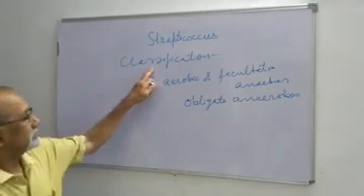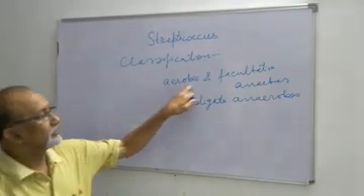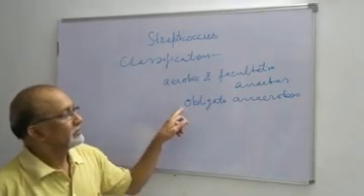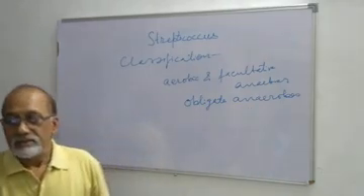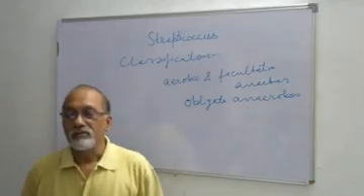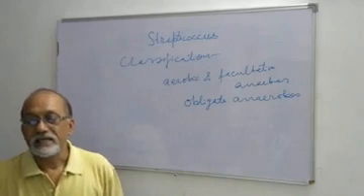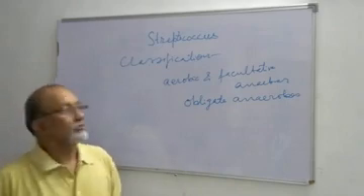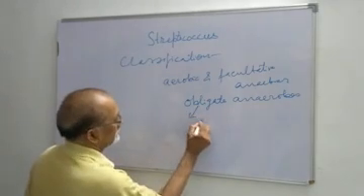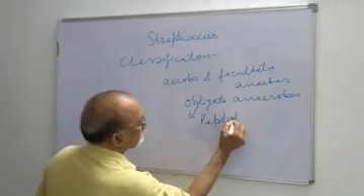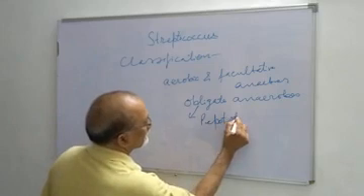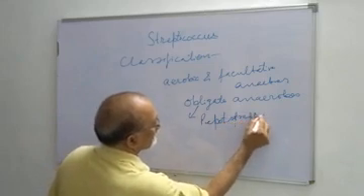So it is divided into two: aerobic facultative anaerobes and obligate anaerobes. Obligate anaerobes are designated as peptostreptococci.